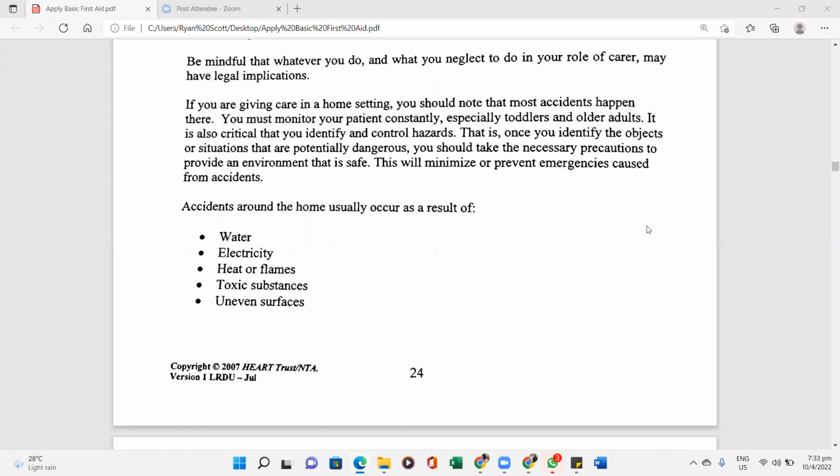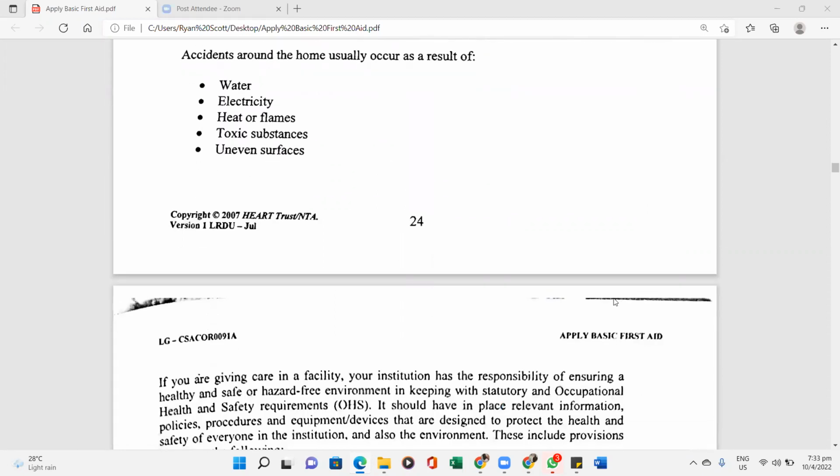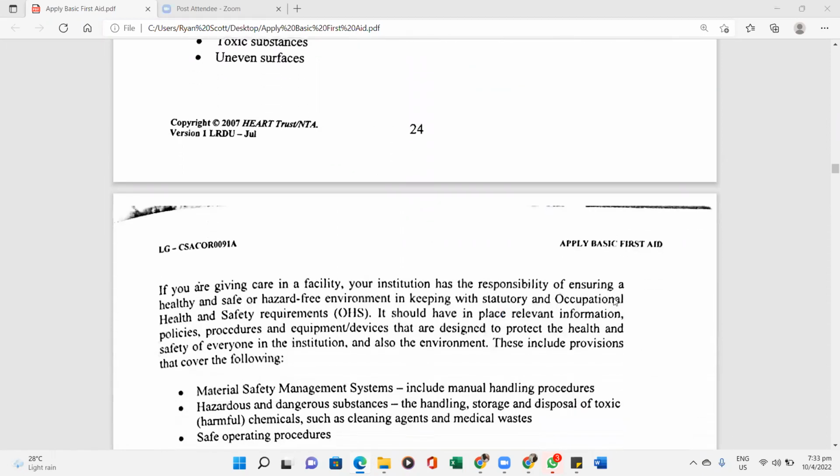It says accidents around the home usually occur as a result of water, electricity, heat or flames, toxic substances, uneven surfaces, okay? So those are some of the things that may cause you to have casualties.